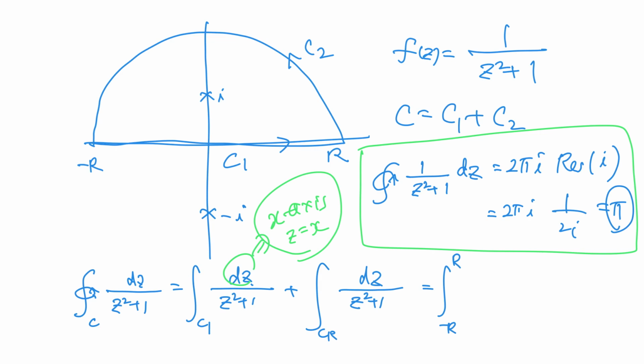For the C1 integral, the path is on this real axis, the x-axis. So on C1, simply z is x. Because this is x, this is y. So from minus R to R, dx over x squared plus 1, plus the integral over CR.